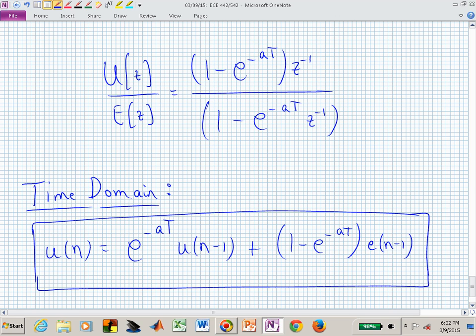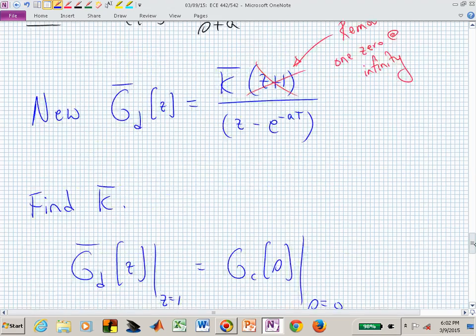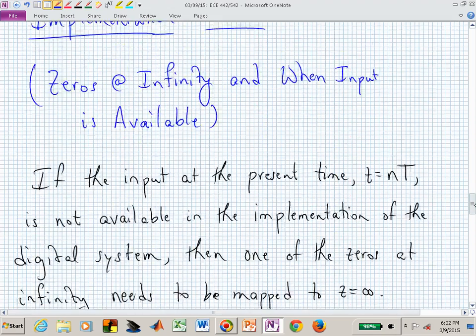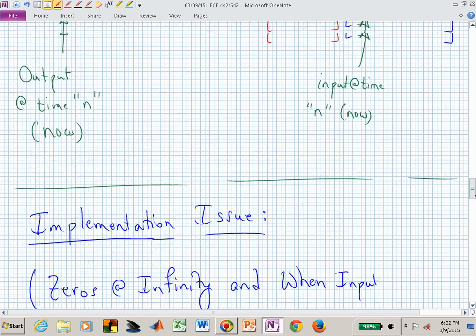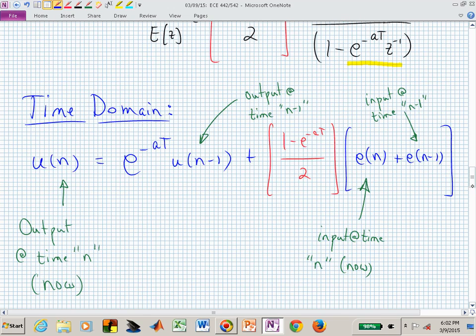Do you see that this does differ from the previous implementation of our low-pass filter, which was right here? To maybe see the difference, I would take that 2 that's in the denominator in the red box and slide it underneath the e of n and the e of n minus 1.